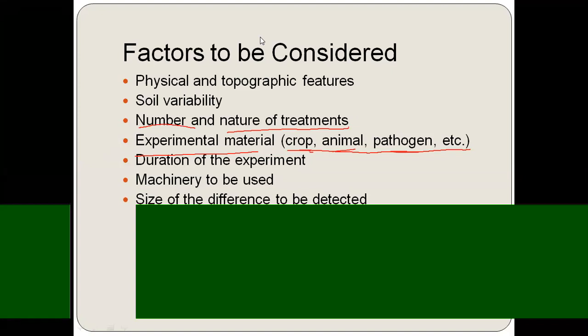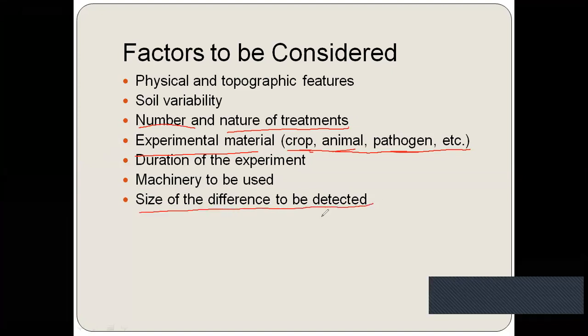Based on the size to be detected, it may be very small, slightly larger, or very large. So if you want to detect the difference in terms of size, there is small and large.